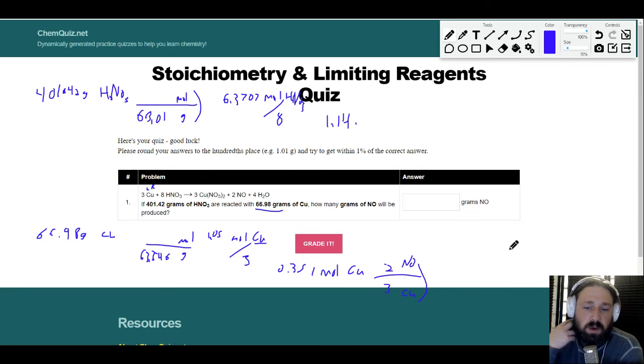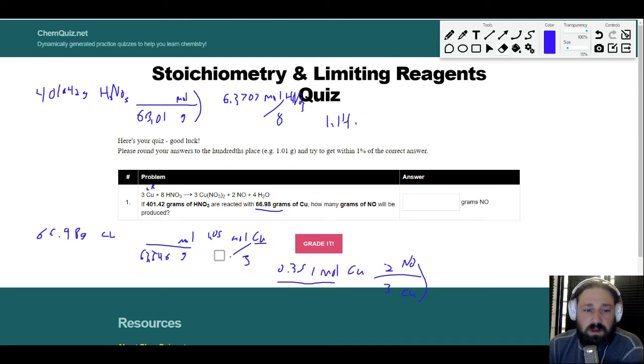But remember, we have more moles of copper than this. It would be like me thinking, with the sandwich example, I have 10 slices of bread, divide by 2 because I need 2 slices per sandwich, it's now 5, so now I continue on with 5 slices of bread. That doesn't work. I have 10 slices of bread.